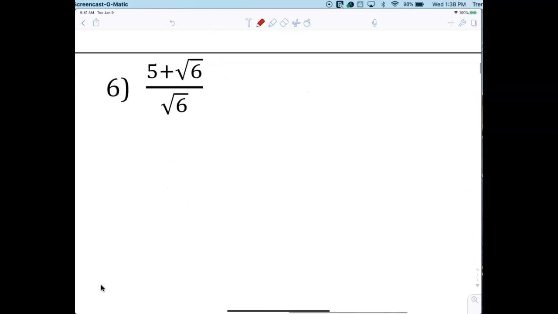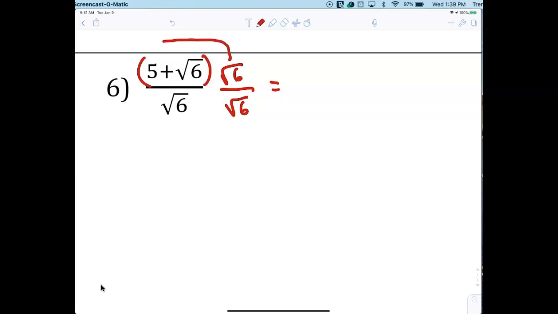Is it getting any harder? So now what do I have to do? All I'm doing is multiplying the top and bottom by radical 6. That's it. So radical 6, radical 6. Now if I multiply the top by radical 6, I get what? Not even close. 5 what? Nope. 5 radical 6.